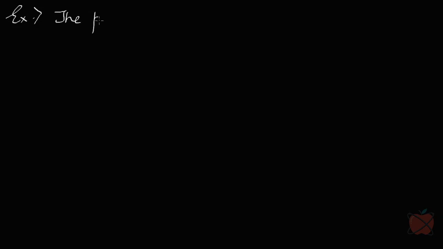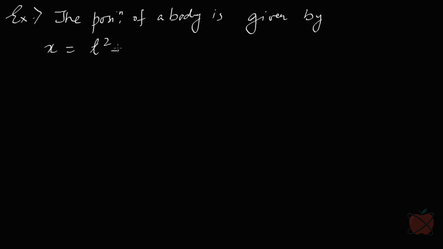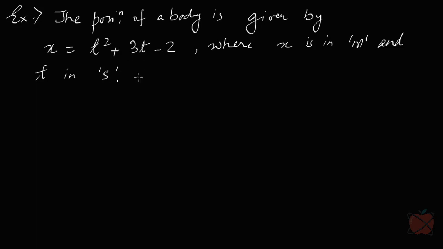The position of a body is given by x equals t square plus 3t minus 2, where x is in meters and t in seconds. You're going to get these kinds of problems, a lot of them, in the exam and even in your tests.